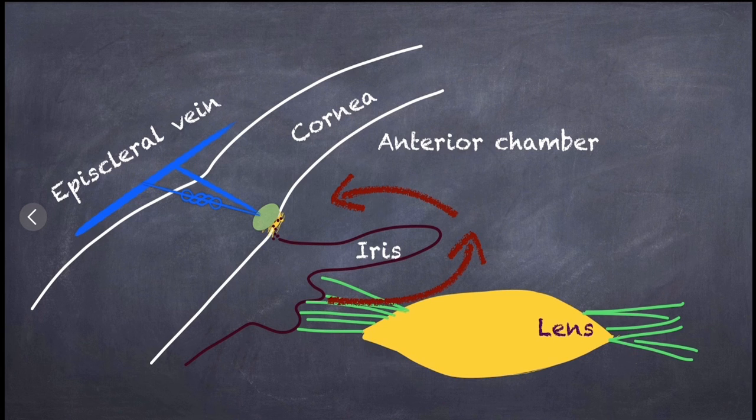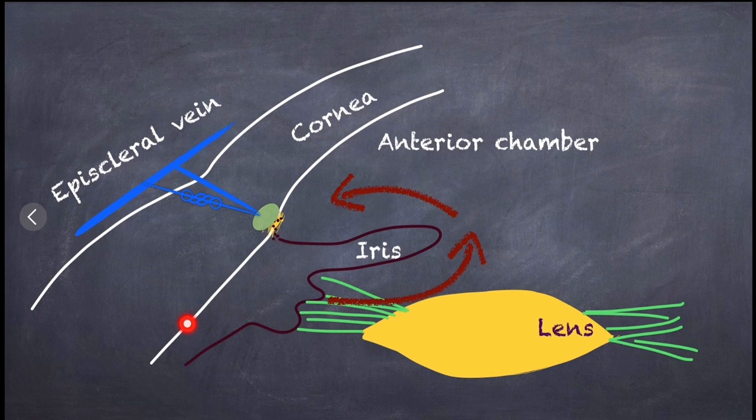Now the question arises, where does the rest of the aqueous go? The rest of the aqueous, roughly 20%, moves out of the posterior segment into the ciliary body. From ciliary body, it moves into the suprachoroidal space, which is the space between the choroid and the sclera. So it moves in the suprachoroidal space.